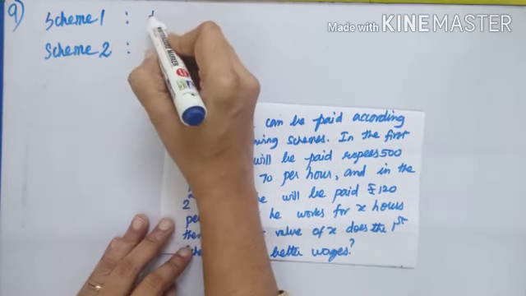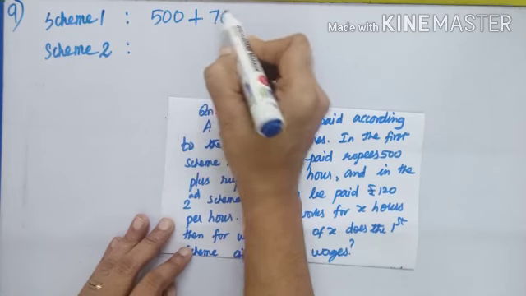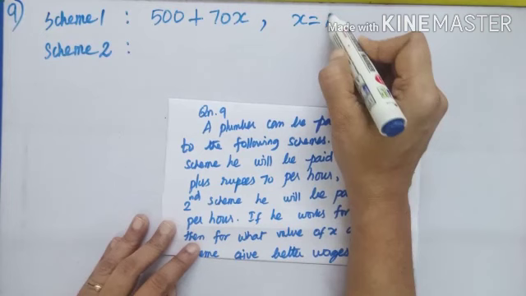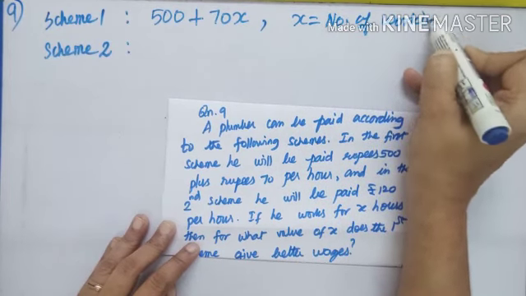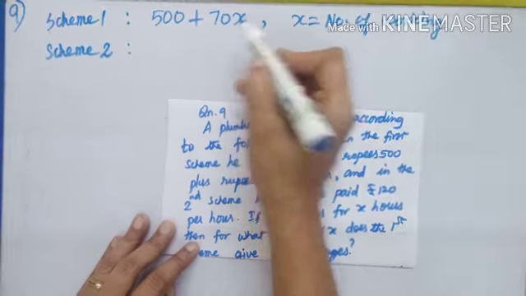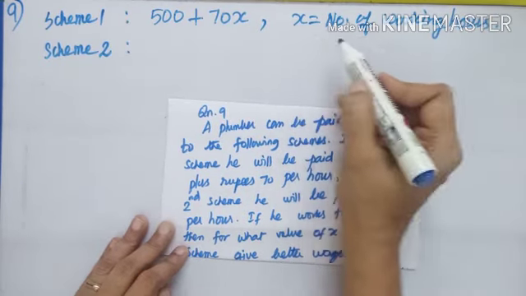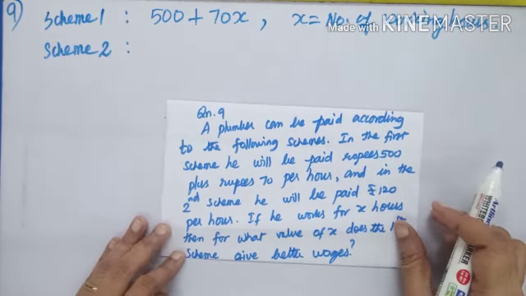So he is given 500 fixed rate plus 70 into how many hours he is working. So x represents number of working hours. He is working 1 hour means 70 into 1, 2 hours means 70 into 2. So this is scheme number 1.